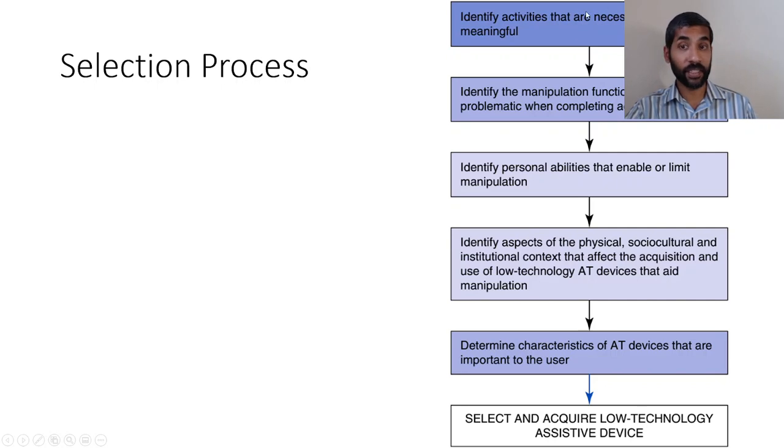This is the activity element, and then you identify aspects of the physical, socio-cultural, and institutional context that affect the acquisition and use of these assistive technologies. So this is the contextual problem that you're talking about, the context, right? And then having all these in mind, you determine the characteristics of the assistive technology and then prescribe it.